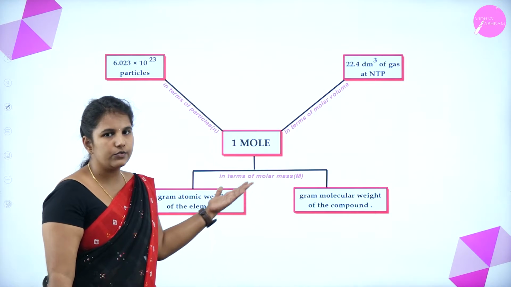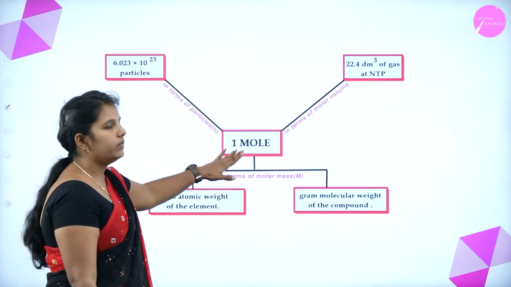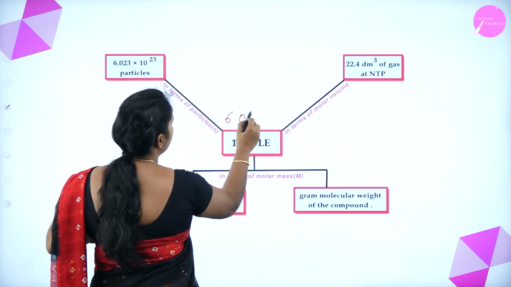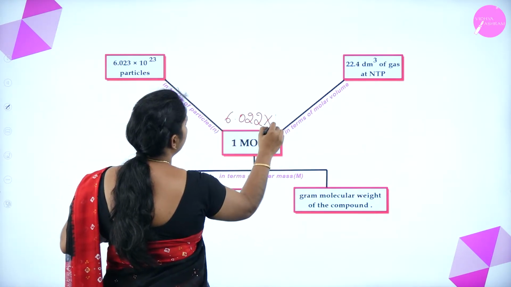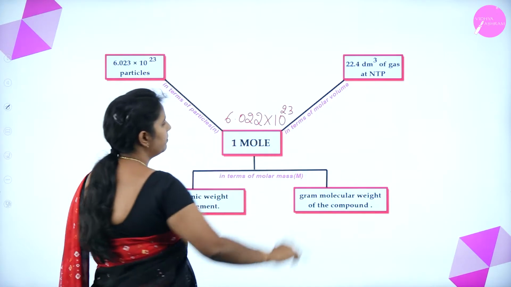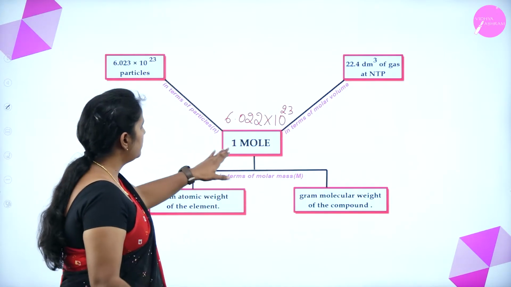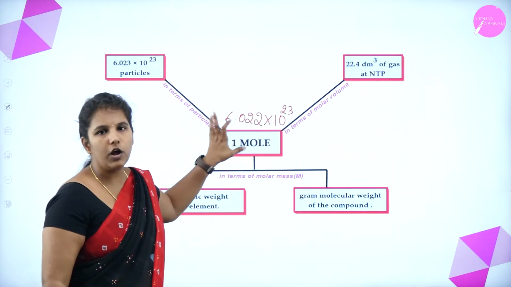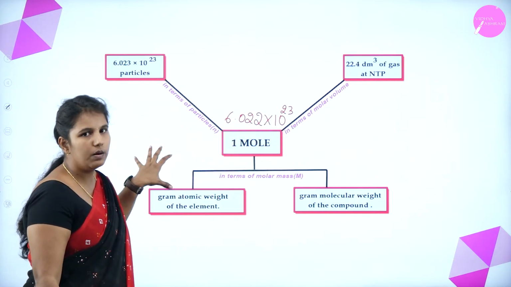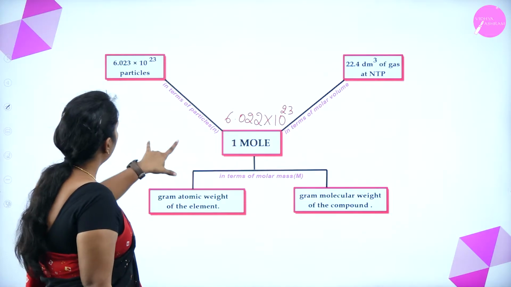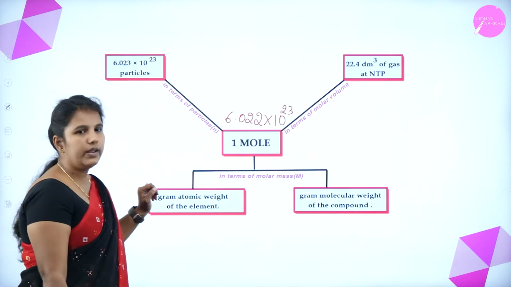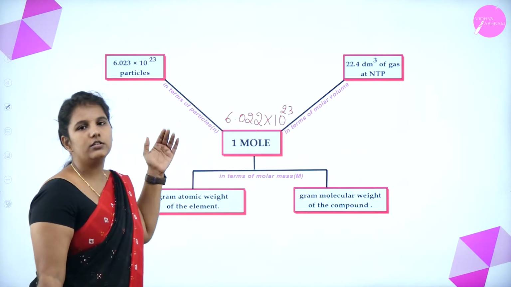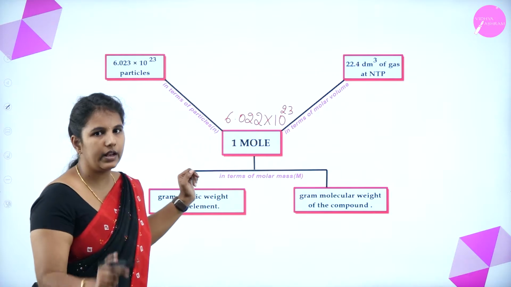Just to recall: 1 mole is equal to how many atoms? 6.022 into 10 power of 23 atoms per mole. So 1 mole in terms of particles is 6.022 into 10 power of 23 particles in 1 mole.